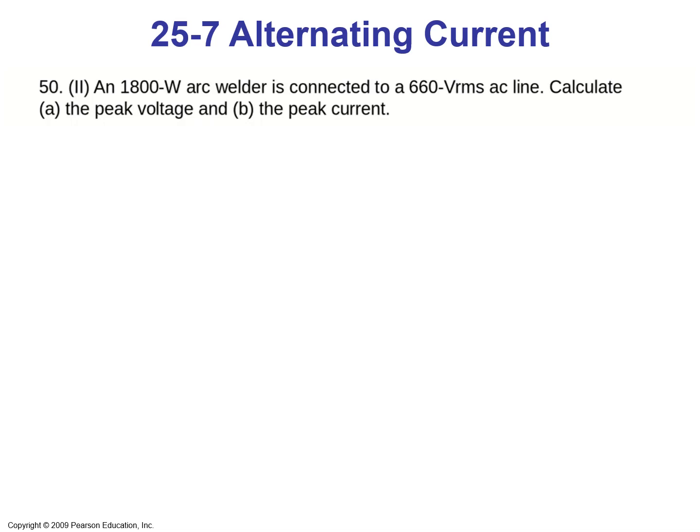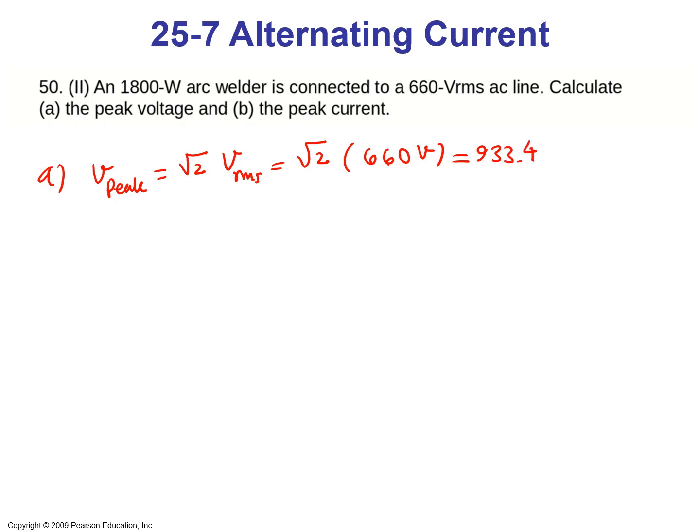For part A, for peak voltage, we say voltage peak is equal to root 2 times V RMS. That is equal to square root of 2 times 660 volts, and that is equal to 933.4 volts, almost 930 volts.